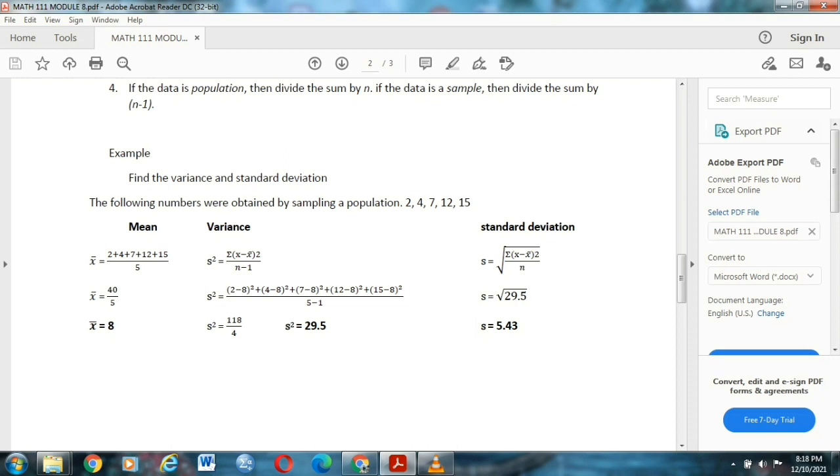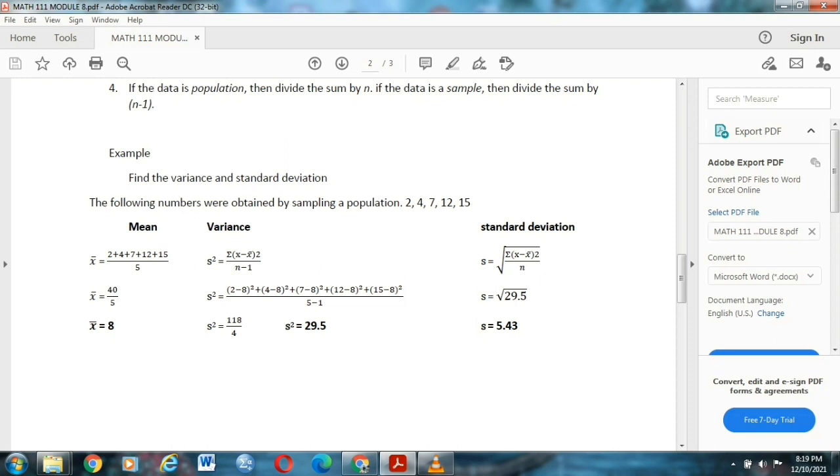So, syempre, bago tayo makadiretso doon sa variance, kukunin muna natin yung mean. Kasi nandun sa formula na kukunin muna natin yung mean. Okay, so halimbawa doon sa numerator niya na summation of quantity x minus x bar or the mean, and then squared. Okay, so kaya kunin muna natin yung mean. To get the mean, all you have to do is add those data, diba?